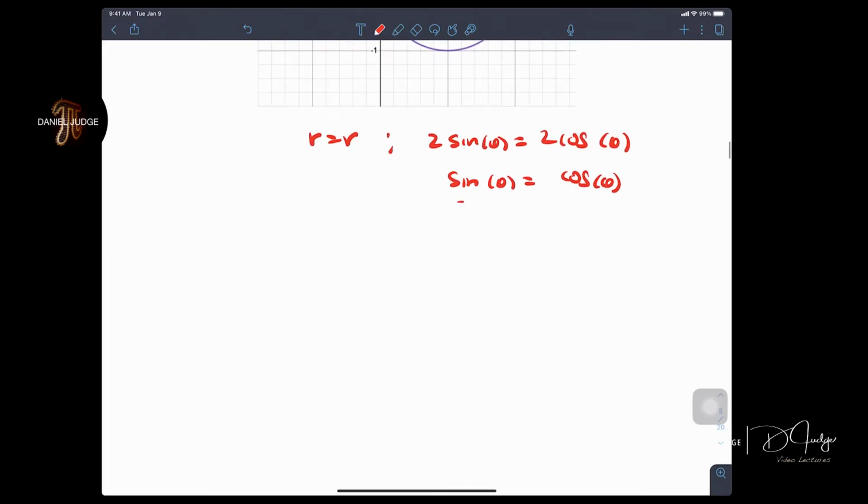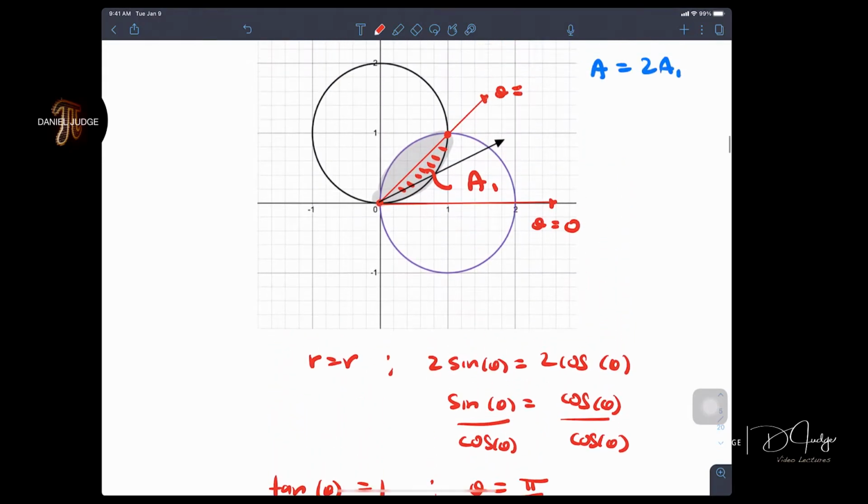Divide both sides by cosine, and again, you end up with the equation tangent theta is 1, and we know theta will be pi over 4. So this angle is simply pi over 4. And that's what we were looking for, pi over 4. This is the 0 angle.